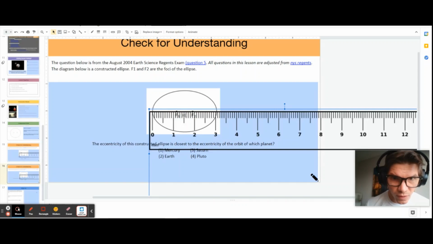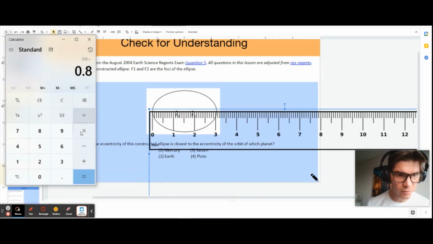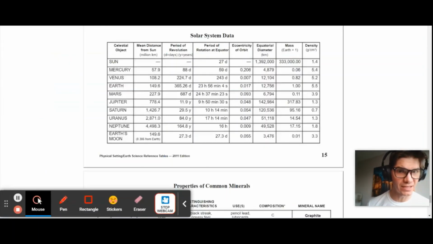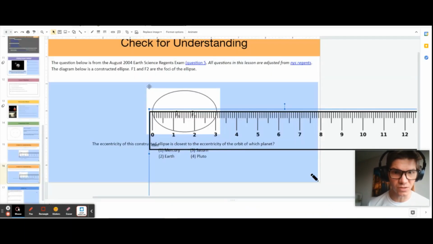Looks like we are at just over 3, so I'm going to say 3.1. Divided by 3.1, the eccentricity is 0.258, so we're going to compare that to the eccentricities. 0.258 would be closest to Mercury's over here, so the correct choice would have been choice 1.